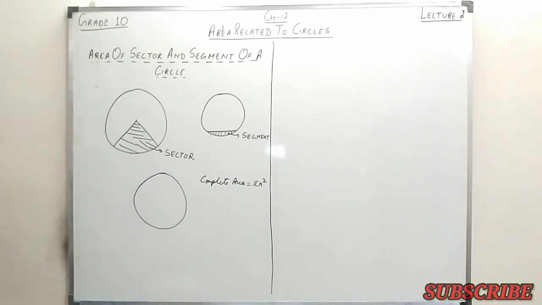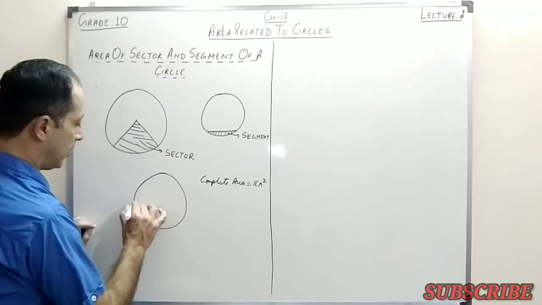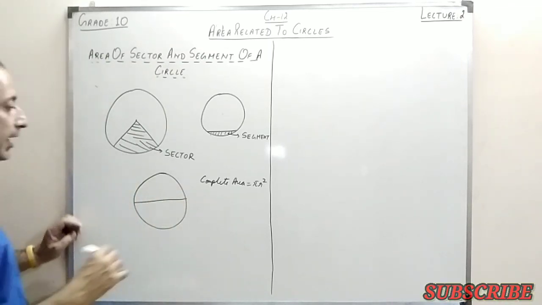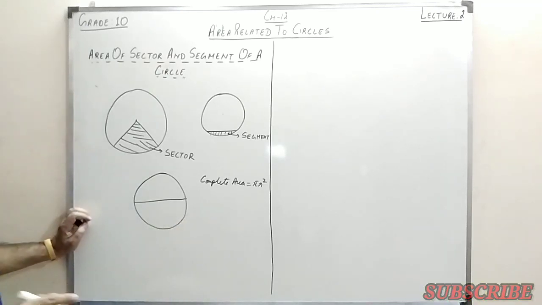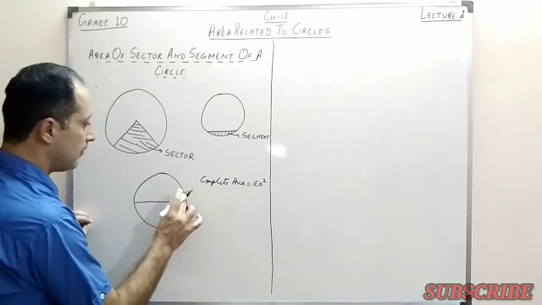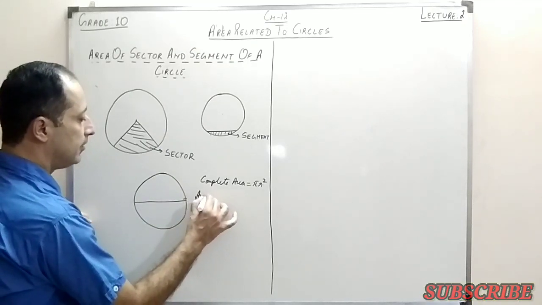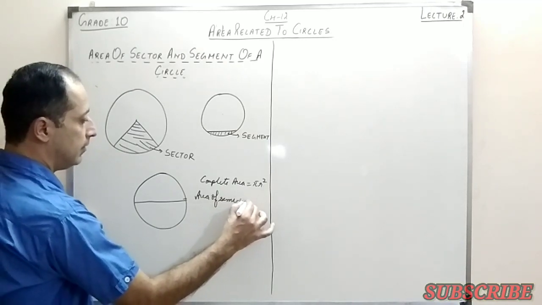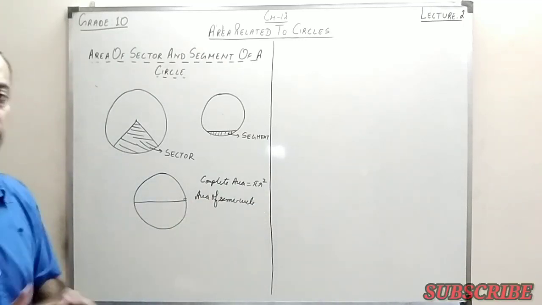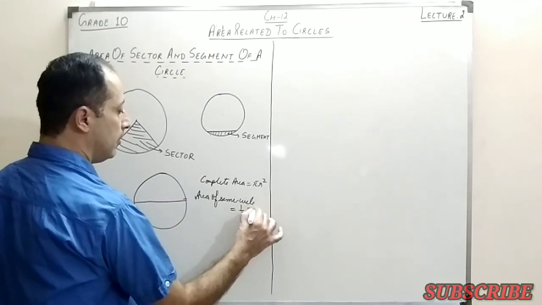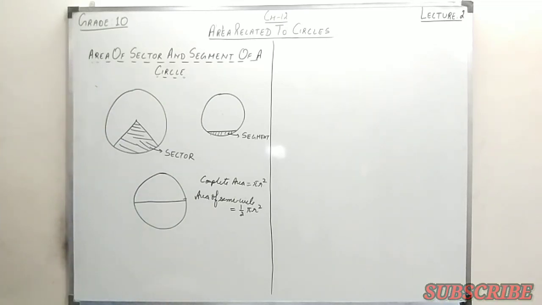Now if I divide this complete area in two parts, that is, I am talking about the semicircle, right? The area of the semicircle, since this is half of the circle, I will be writing 1 by 2 pi r square, right?